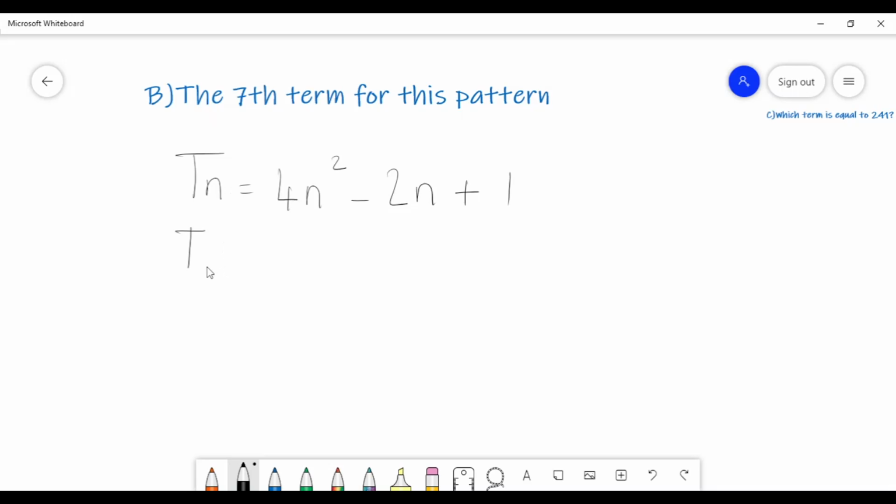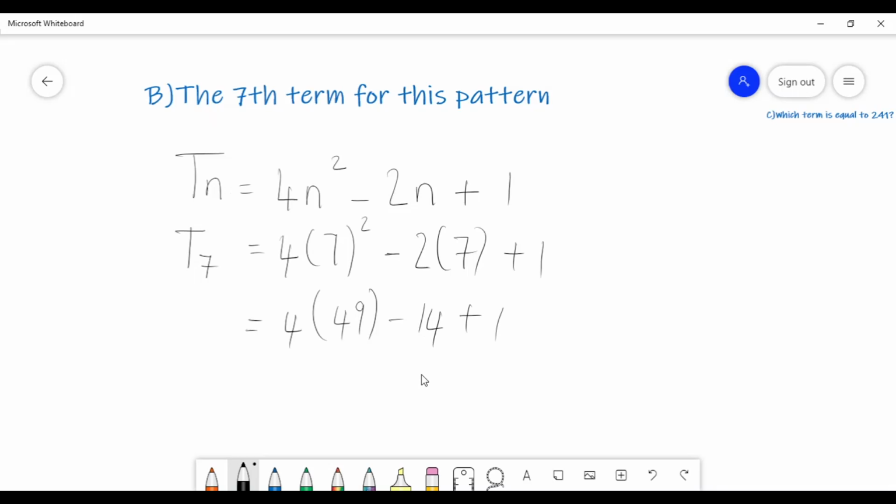So you're going to substitute the 7 where you see an n. It's going to be 4 times 7 all squared minus 2 times 7 plus 1. So it's 4 times 49, since 7 times 7 is 49, minus 2 times 7 is 14, plus 1, and that is equal to 183.